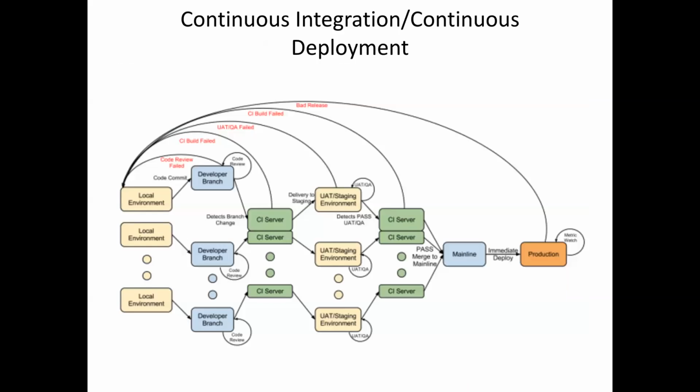Continuous integration, continuous deployment. This is using automation to automatically test changes, essentially. When you make a change to software and you commit it to your version control system, it can immediately test if it compiles and run actual tests to see if it works as intended.